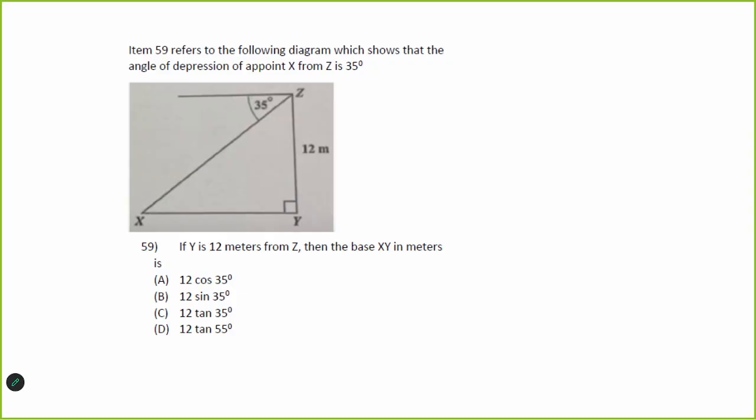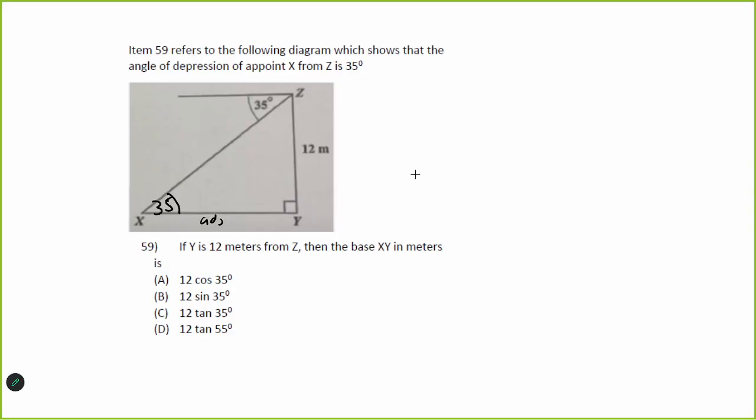Item 59 refers to the following diagram, which shows the angle of depression for point X from Z. So if this is 35, this is going to be 35. If Y is 12 meters from Z, then the base XY, that's the adjacent.